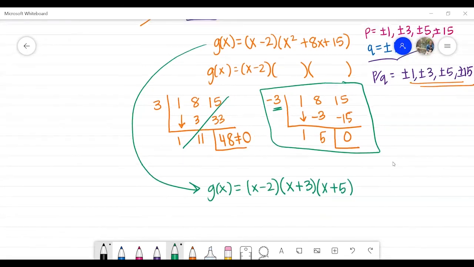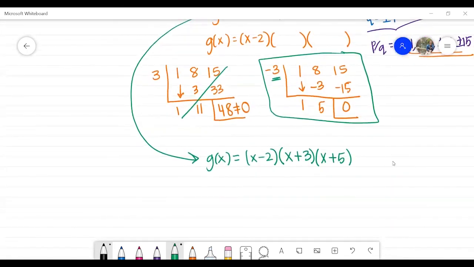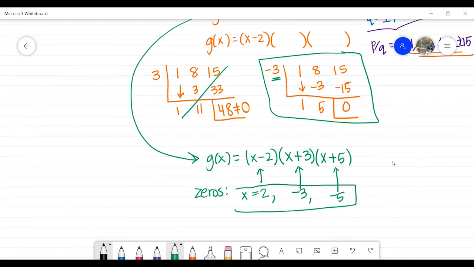We already knew from the previous part of this example, our zeros are x is equal to 2. We just found negative 3, and this tells us negative 5.